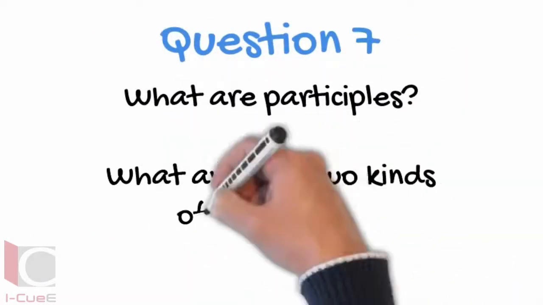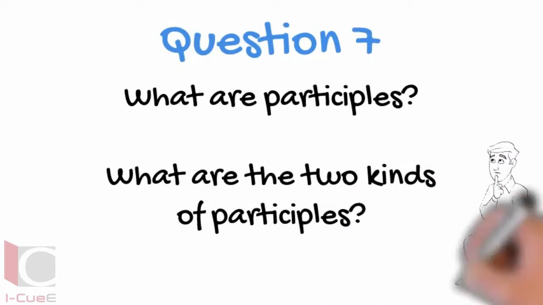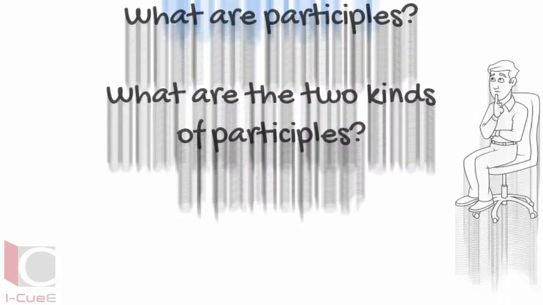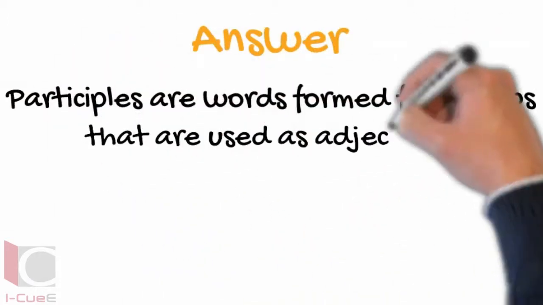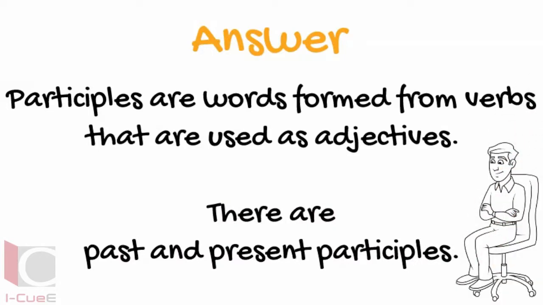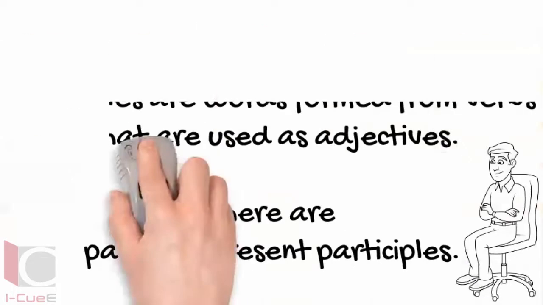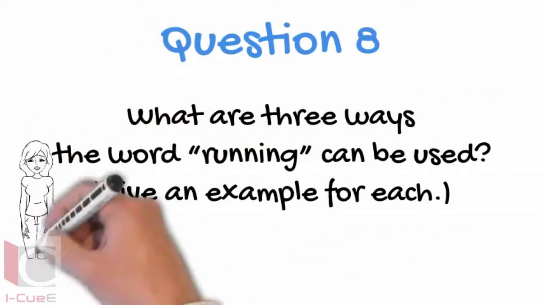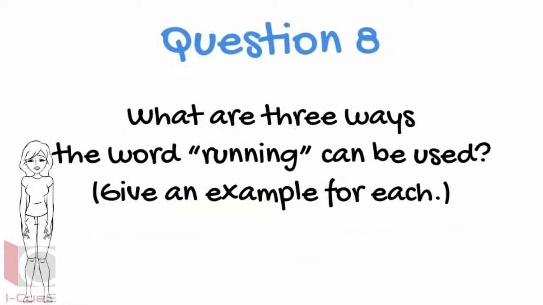What are participles? What are the 2 kinds of participles? Participles are words formed from verbs that are used as adjectives. There are past and present participles. What are 3 ways the word running can be used? Give an example for each.